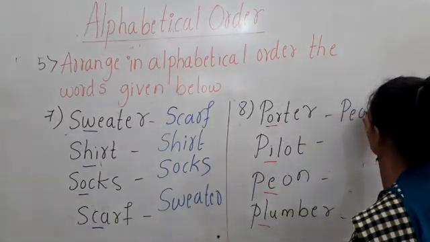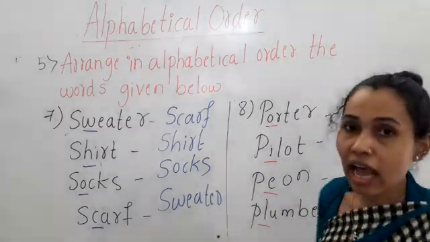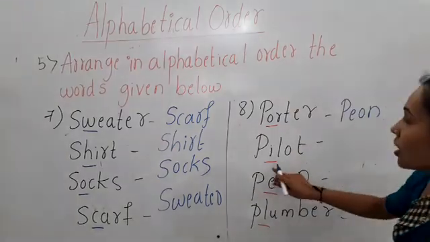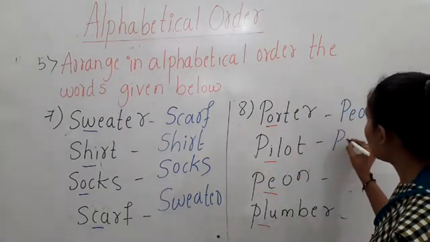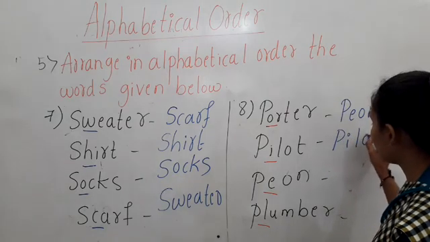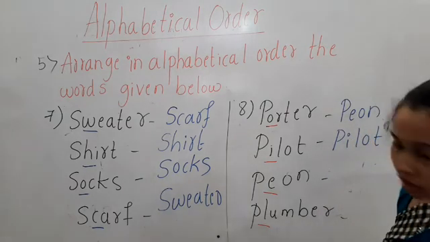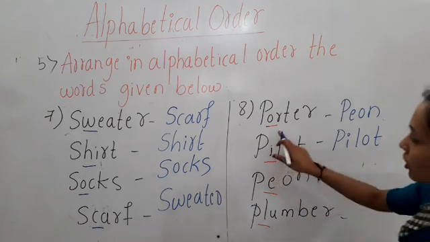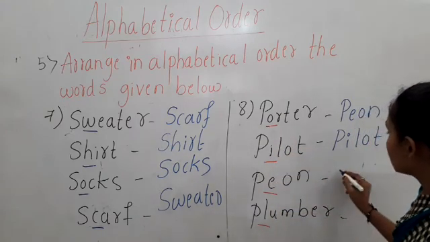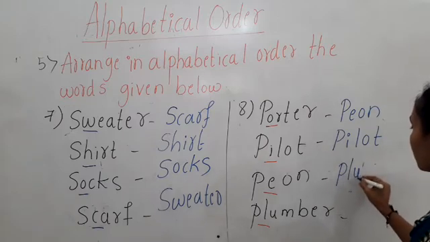Peon. Okay children. After E which letter comes? I. So what we have to write? Pilot. Okay children. After I which letter comes? L. So we have to write plumber.